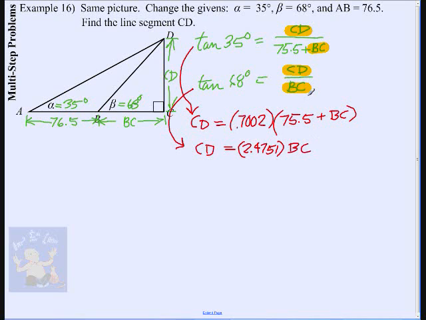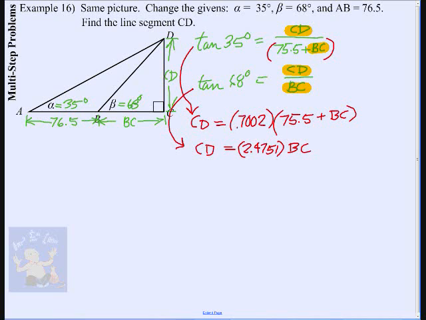So I just multiplied both sides of the equation by BC. In the first one, I multiplied both sides by 75.5 plus BC. Ended up with this. So we'll keep going.